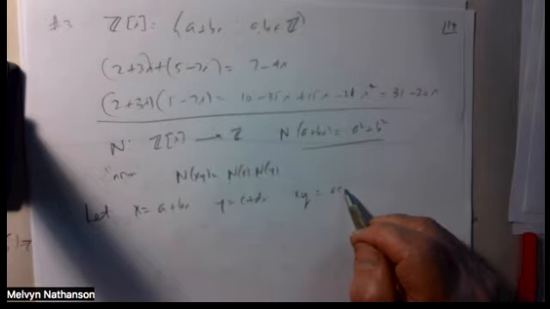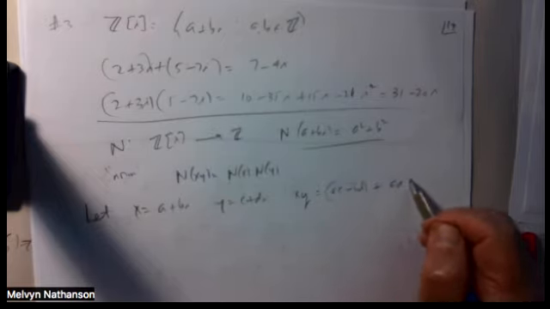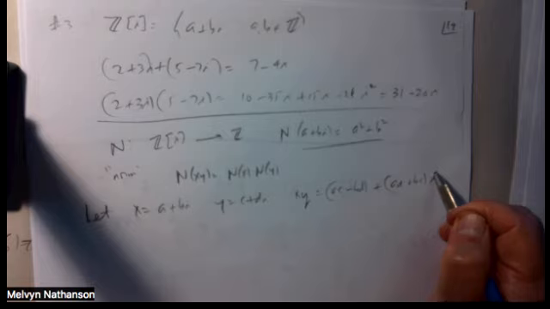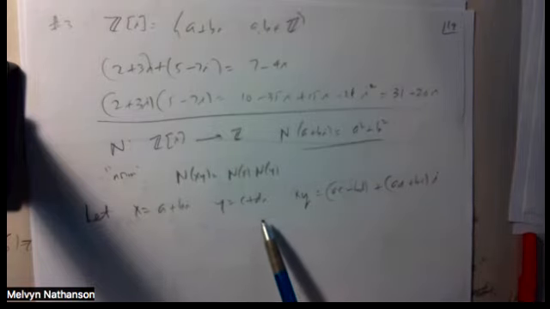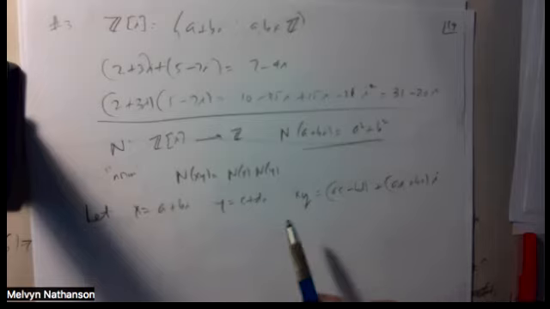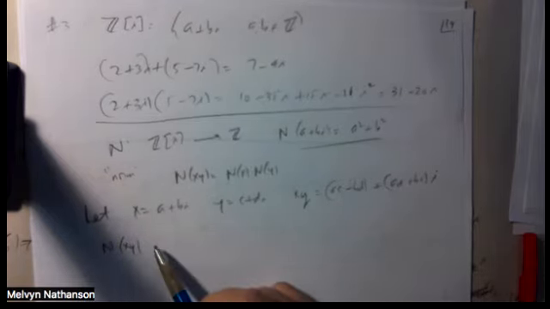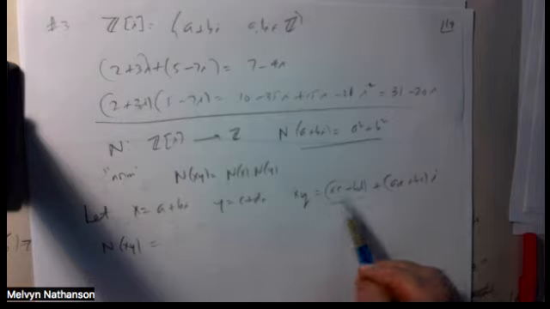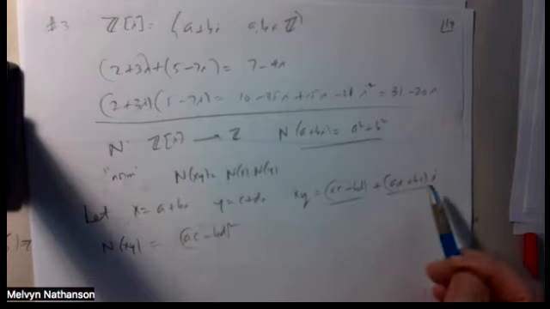This is ac minus bd plus (ad plus bc) times i. So you have to know complex numbers, the basic thing. So what is the norm of xy? That's going to be this squared plus this squared.